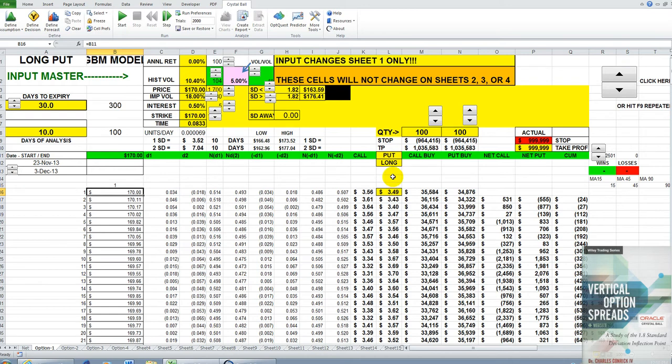However, the 10 days is controlling the amount of the stock price movement. I repeat, the 10 days is what the timing is for the stock price movement. We're only analyzing 10 days out of a 30-day put. So if you plan to be in a trade for only 10 days, but you're going to use a 30-day option out to expiry, in this case a put, well, this is the way you would set the sheet up.